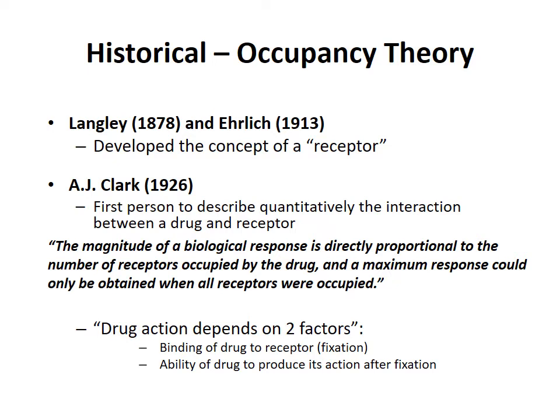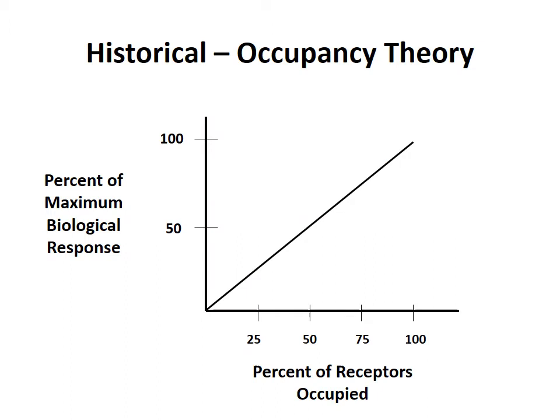This whole statement that the magnitude is proportional to the number of receptors occupied, and you need to occupy 100% of receptors to reach 100% activity. Graphically, this is what it would look like. It would be linear, for the most part. But he was saying that you need to get to 100% occupancy to get to 100% biological response.